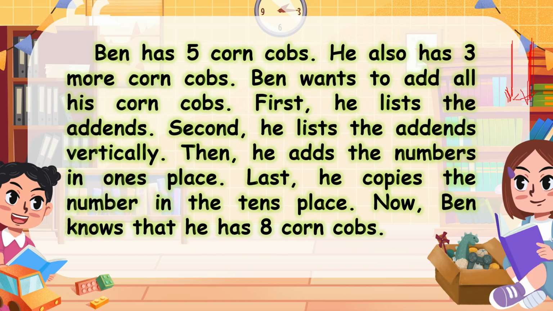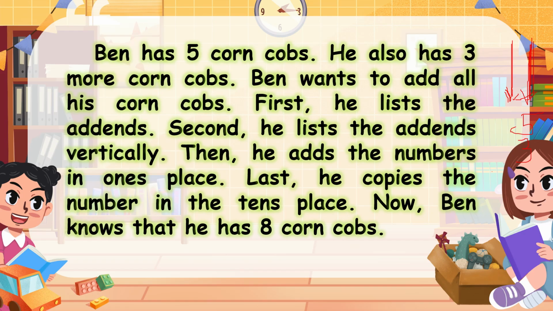Can we try it? How many corn cobs does Ben have? He has 5. Ben also has 3 more corn cobs. Let's put it here. So he lists it down right there.